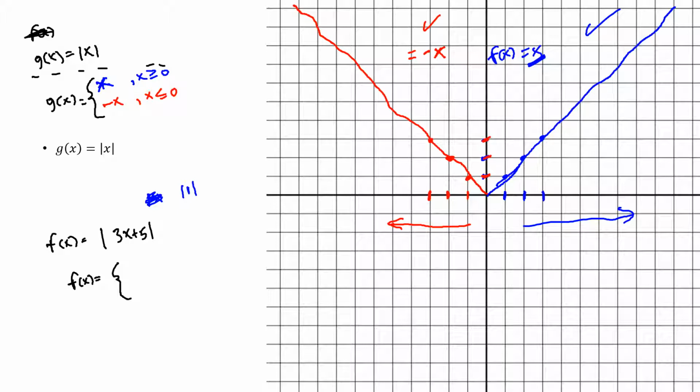I'm either starting with the positive version, which is 3x plus 5, or I'm going to have the negative version, which is the negative of 3x plus 5. The positive version is going to work on the positive side of the graph, and the negative version is going to work on the negative side of the graph.